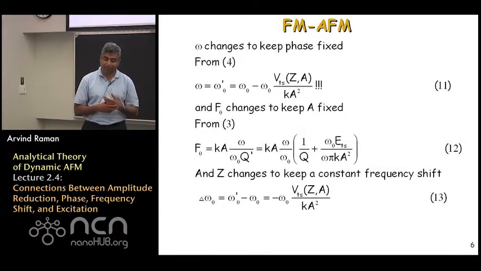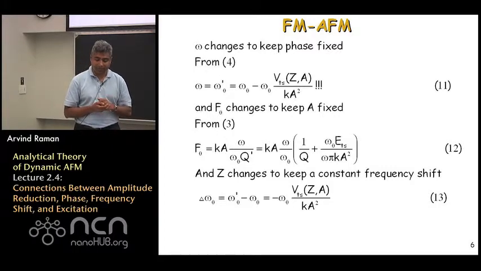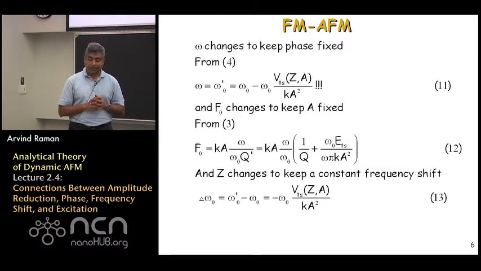We find this very nice expression for F naught in terms of ETS, the dissipation due to the tip-sample interaction. This tells us that as one scans over the sample, whenever the tip-sample dissipation ETS changes, F naught must change or increase in order to keep the amplitude constant. So F naught really becomes a measure of the energy dissipation between the tip and the sample.